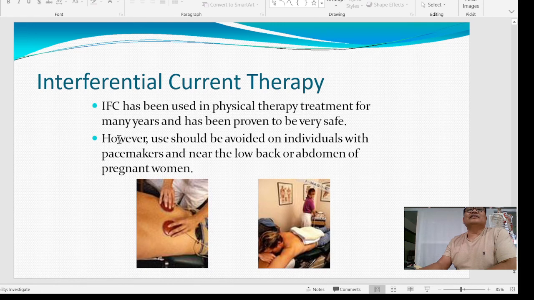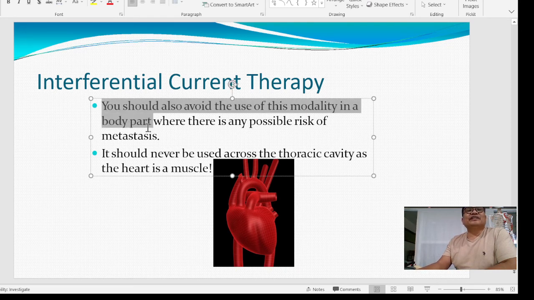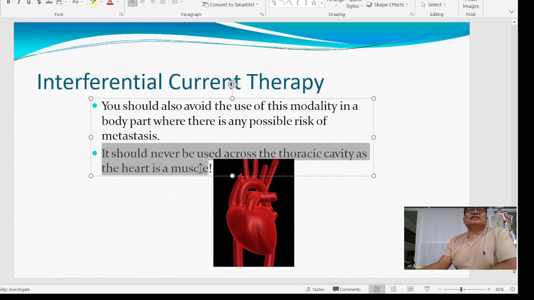However, its primary contraindications are patients with pacemaker and pregnant women. So in cancer, it is not allowed. It cannot be used on the chest. It could interfere with the auto-rhythmicity of the cardiac muscles.